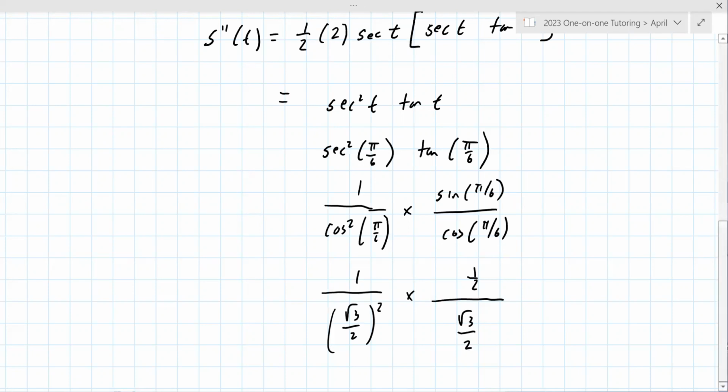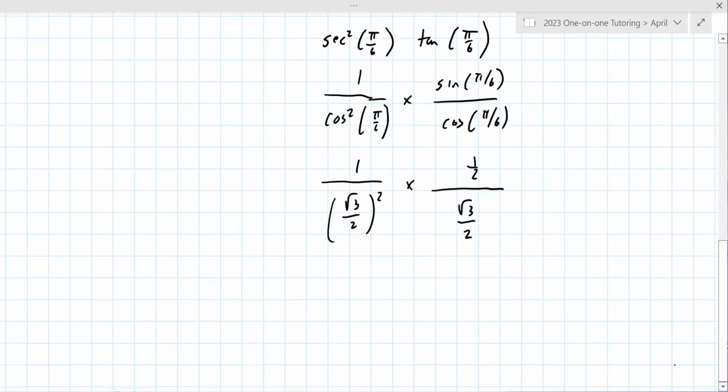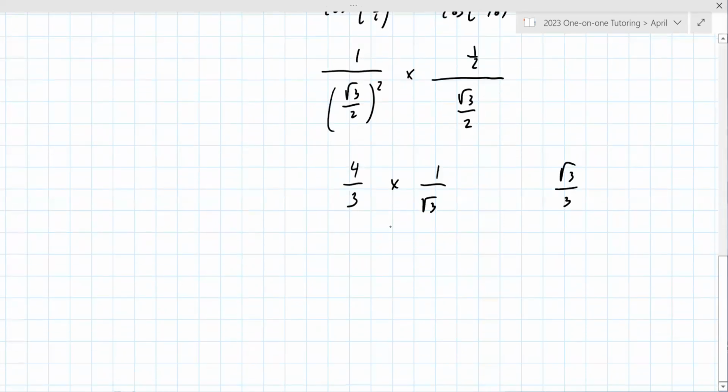Does this all look familiar? Yeah. Okay. The one on the left becomes 1 over 3 over 4, which becomes 4/3 because you flip with the 1 over. The one on the right becomes 1 over square root of 3, which is really square root of 3 over 3, and that helps when you're simplifying, depending how the answer is supposed to be. But this becomes 4 square root 3 over 9.